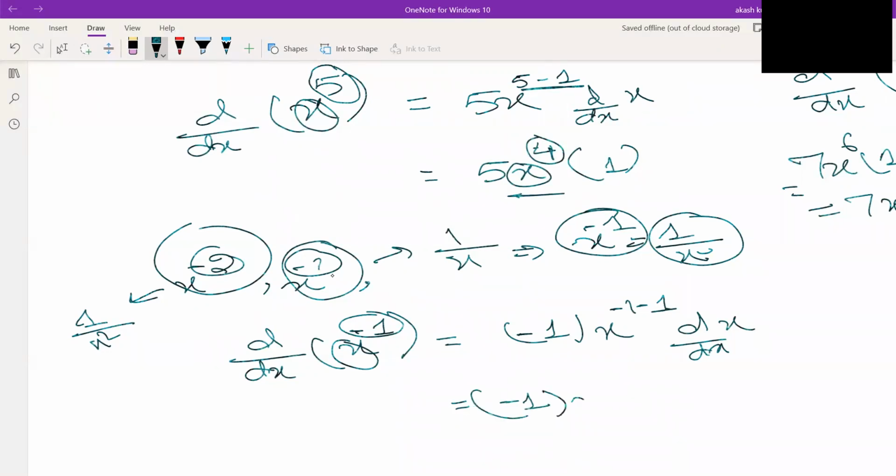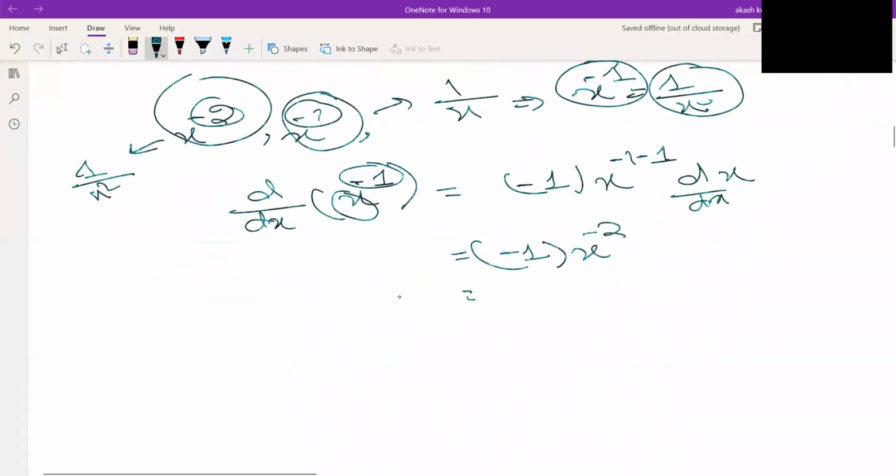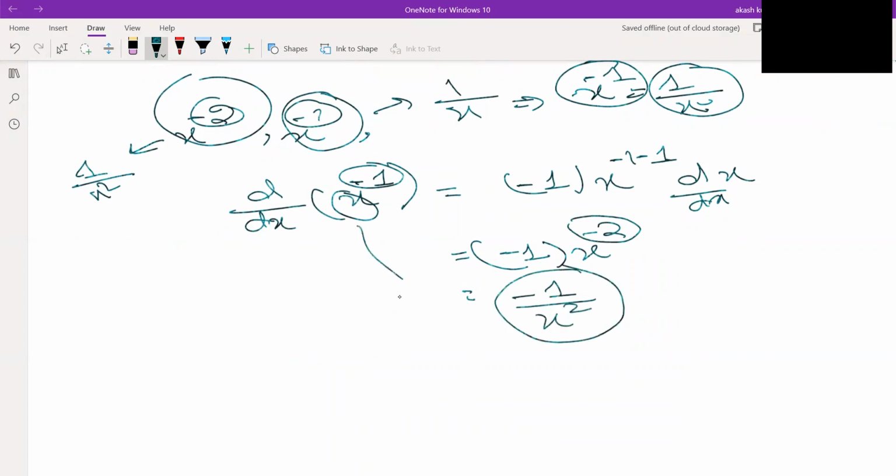So -1 and x^-2. Can we write this as -1 in the numerator, and make it a positive power by bringing it into the denominator, like x squared? Yes, it's the same thing. Is the first answer enough? It's better to write in this form. You should have an idea of both forms, so whichever way is acceptable.